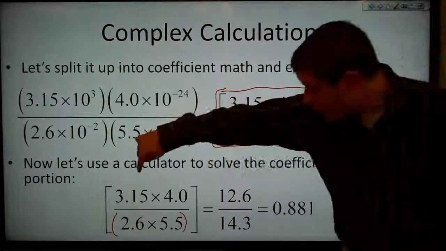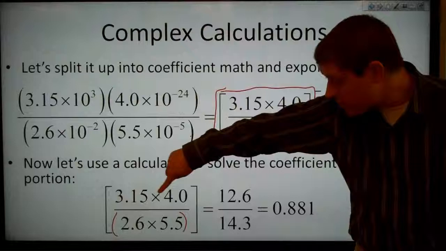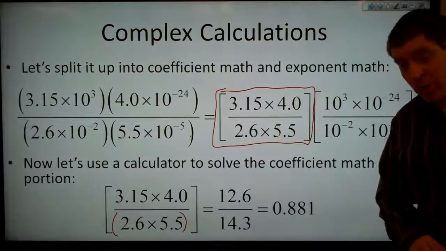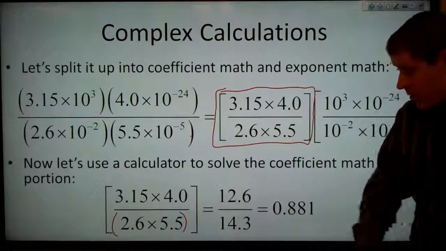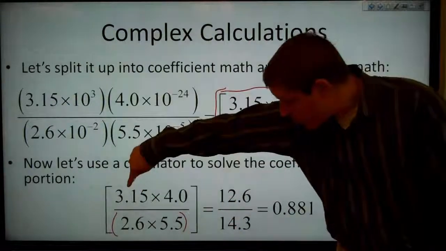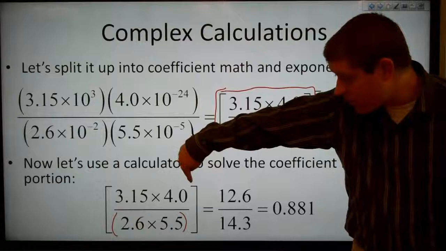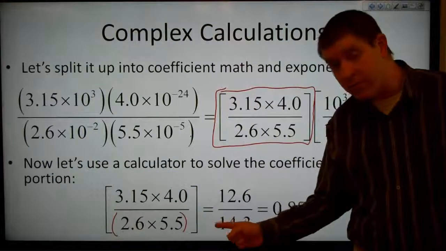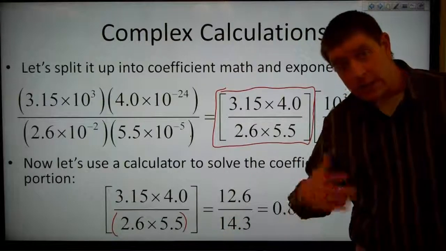Otherwise, your calculator will do 3.15 times 4.0 divided by 2.6, and then it will take that result and multiply by 5.5. So you can either plug it in as 3.15 times 4.0 divided by, open parentheses, 2.6 times 5.5, close parentheses, and then enter.